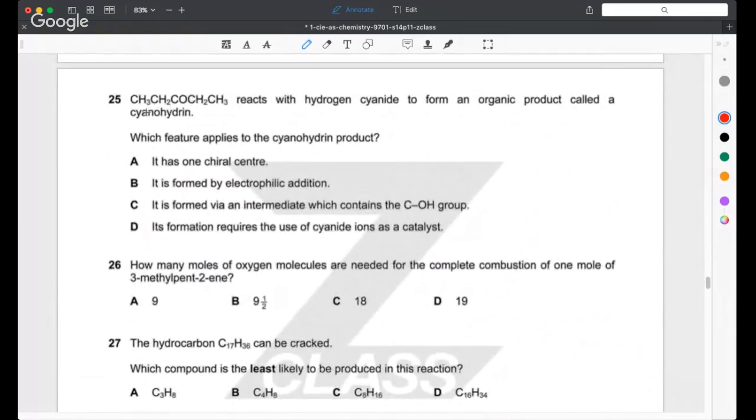Okay, so you've got this molecule here. I'm just going to have to get a power cable to the Mac. One moment.